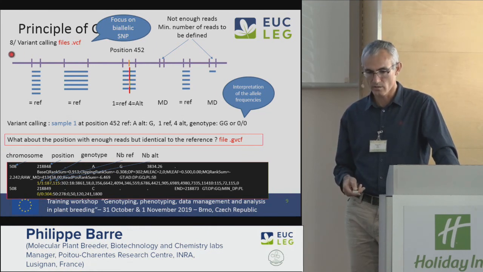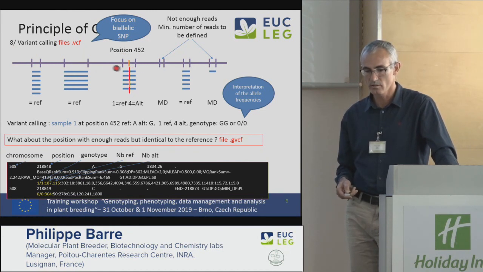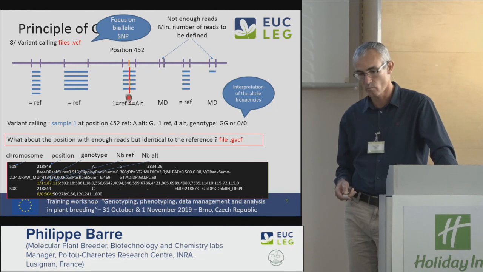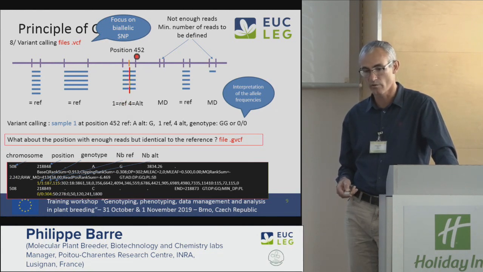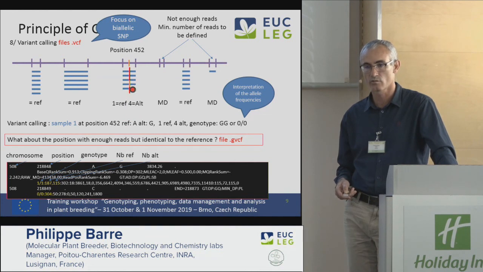So when you look at the sequence here, reference sequence and the reads, you see only one SNP at position 452, and here you see you have one like the reference, it's orange, and 4 like the alternative, it's red.